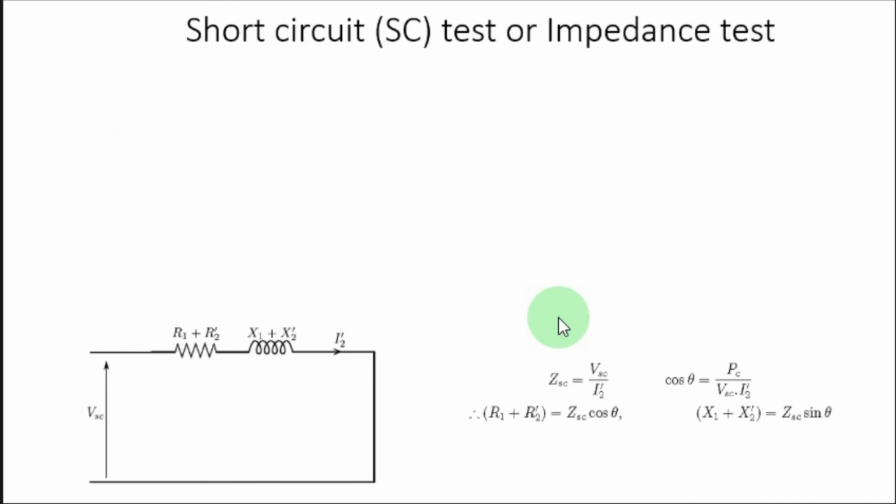Now we will look at the short circuit test, or rather impedance test. For that you can consider the circuit here. You short circuit the secondary side, and then you refer all the parameters to the primary side, x2 dash and r2 dash, and then you apply a voltage here, right?